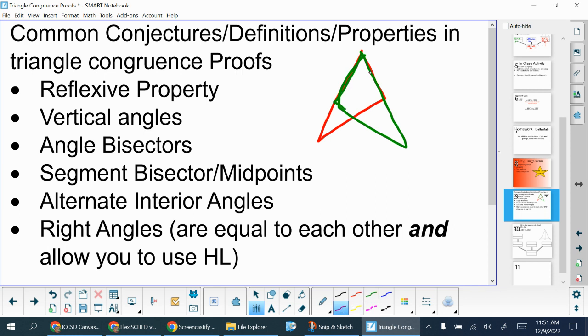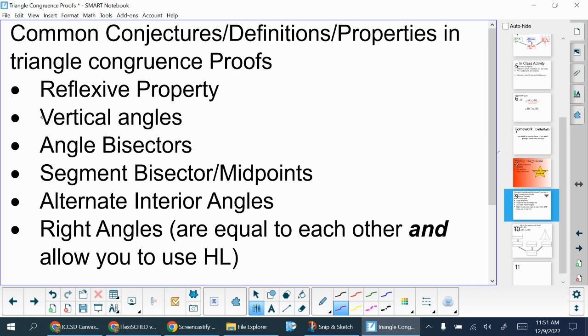These two triangles do have a shared angle right at the top there, and the reflexive property says that angle is congruent to itself. So if that was A, I could say angle A is congruent to angle A, and that reason would be the reflexive property. Those are definitely going to show up in some of the harder examples, but you probably will see that.